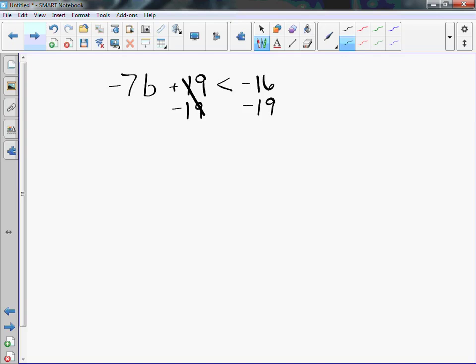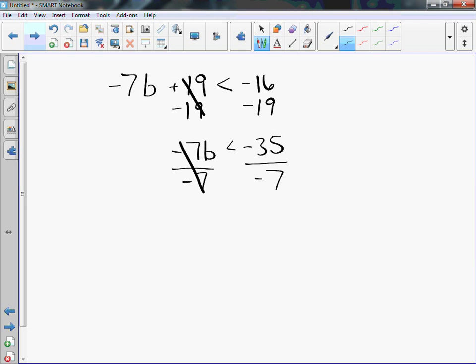Okay, we're left with negative 7b is less than, and negative 16 plus negative 19 is negative 35. Okay. And now we need to get rid of the negative 7 that's in front of the b. Okay, and it's negative 7 times b, so we're going to divide by negative 7 on both sides.